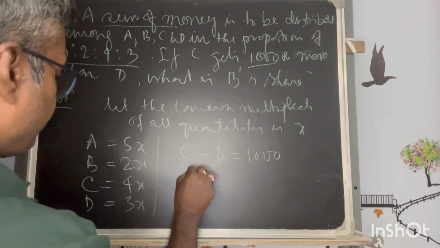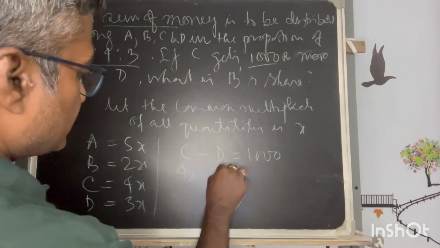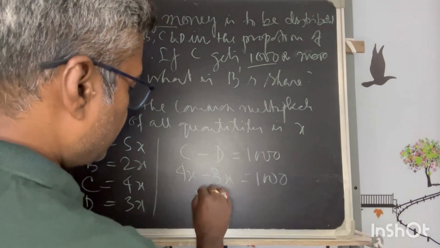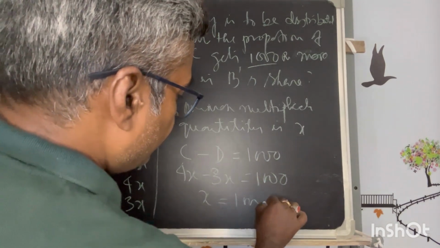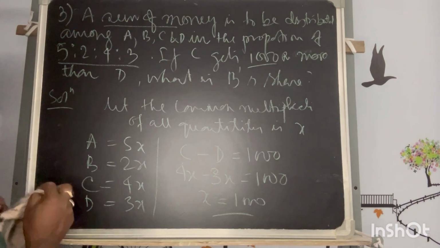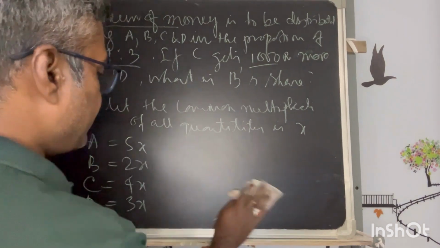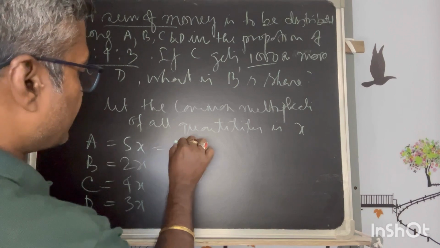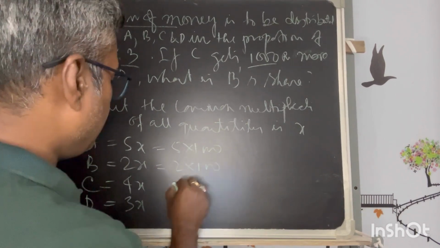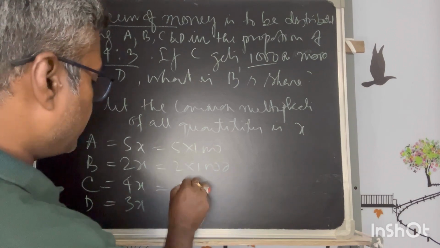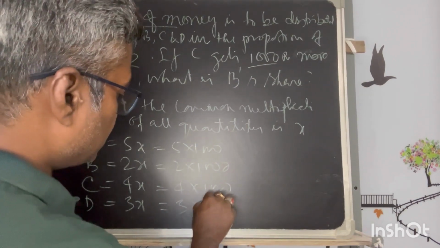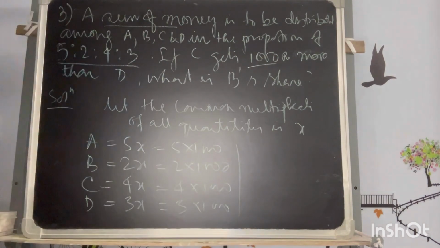So 4x minus 3x gives 1000, and from this you can get the value of x. Once you get the value of x, it is not tough to find the exact value of all: 5 into 1000 for A, 2 into 1000 for B, 4 into 1000 for C, and 3 into 1000 for D. Now we will get all the values.